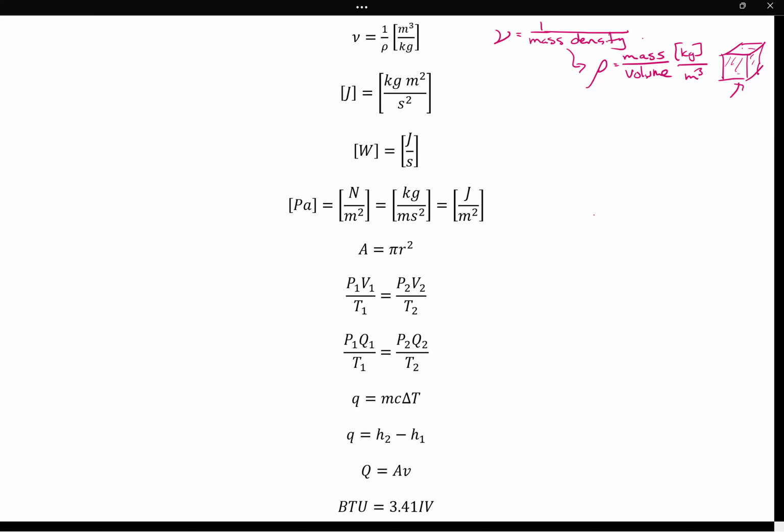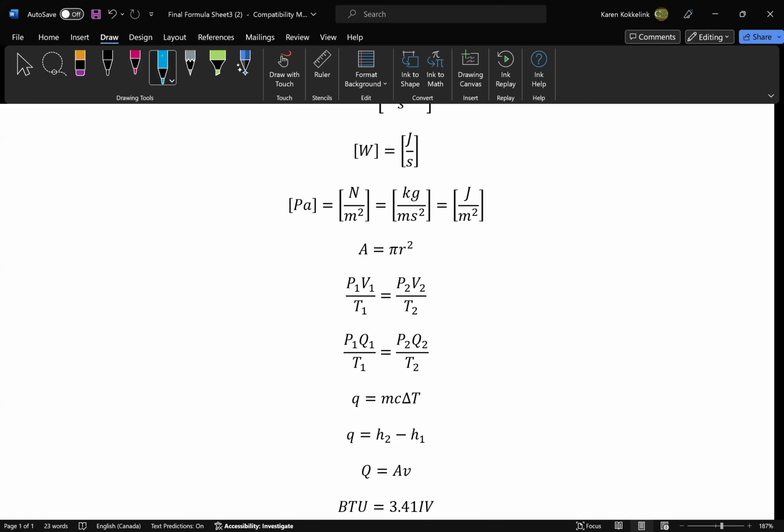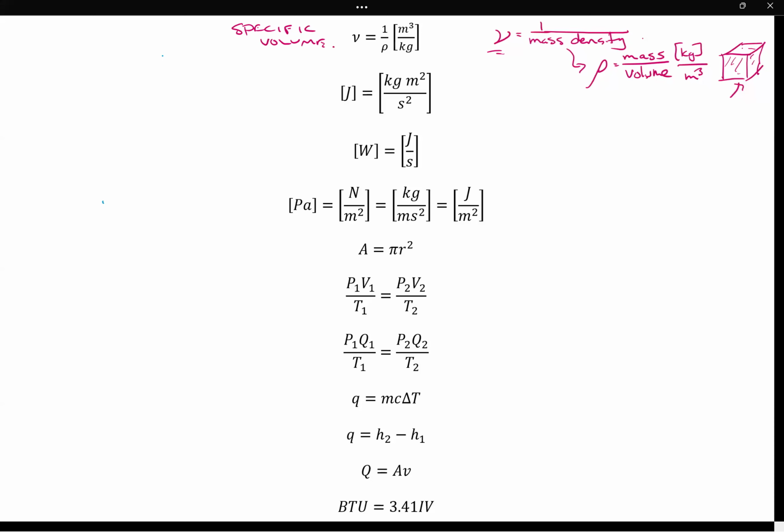And this is called the specific volume, which is kind of silly because specific volume is just the inverse of mass density. So really all we're doing is taking the inverse, putting volume over mass.